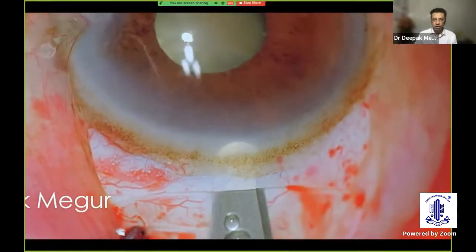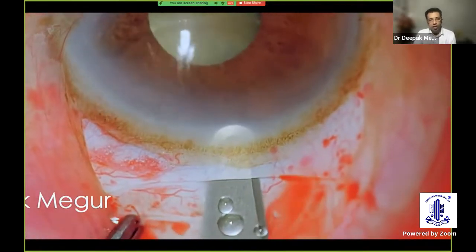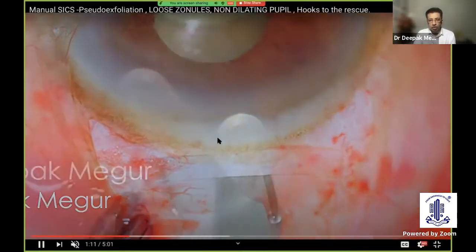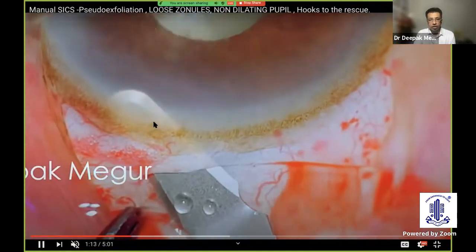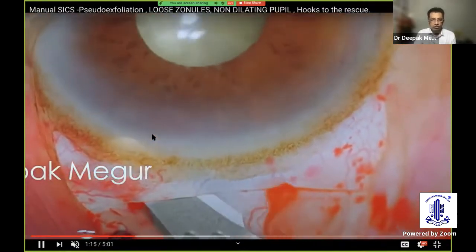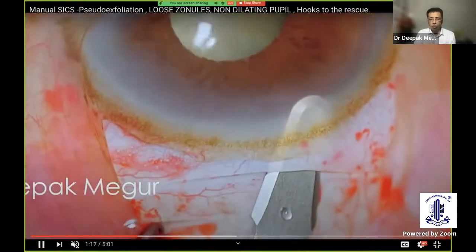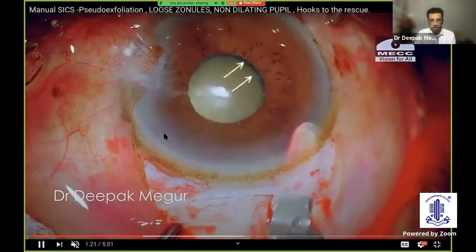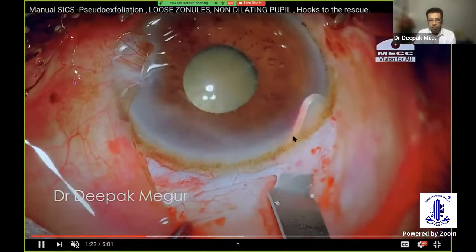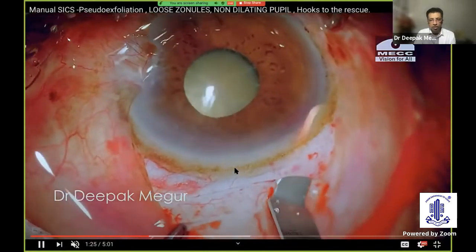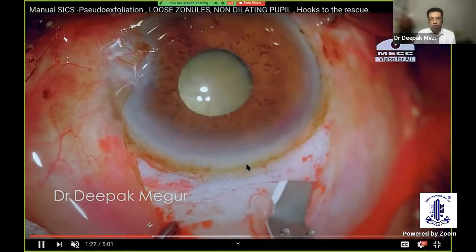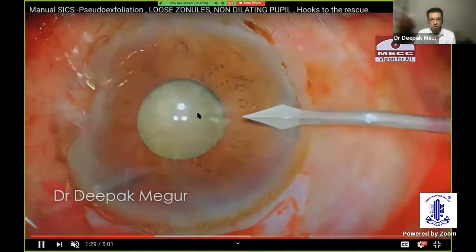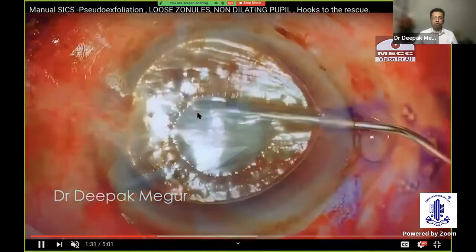Here is where I stabilize the globe, and then using a typical precision blade, we make a tunnel. I usually avoid cautery. I just use my assistant to irrigate so that I can see well, and avoid cautery to prevent any uncontrolled astigmatism. I'm planning a very big incision, about 7.5 millimeters in width, because I'm not sure about the density and size of the nucleus, and I just want to be well prepared.